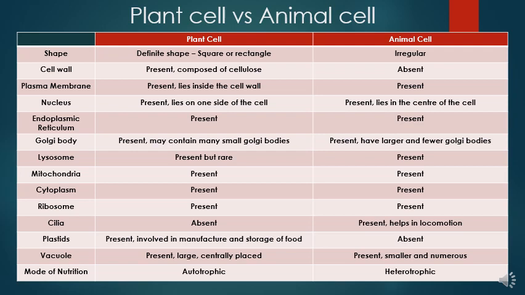Third is plasma membrane. It is present in both plant cell and animal cell, but in plant cell, it lies inside the cell wall. Plant cells can be larger in size than the animal cells.